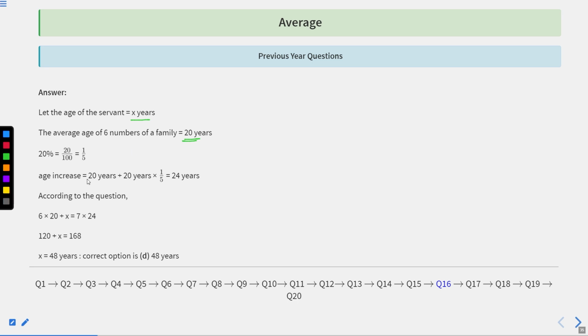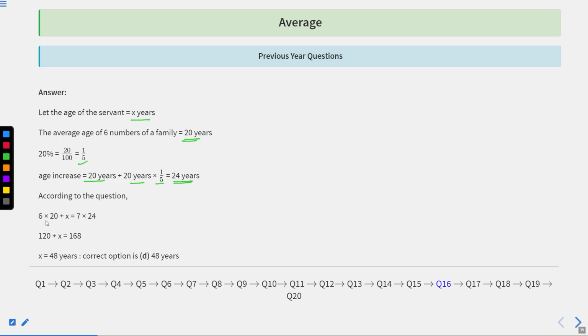So the new average age after the servant is included will be 20 years plus 20% of 20 years. 20% will be 1 upon 5, so it will be 24 years. That means the average age increases by 4 years.